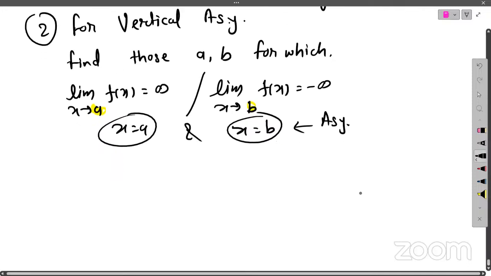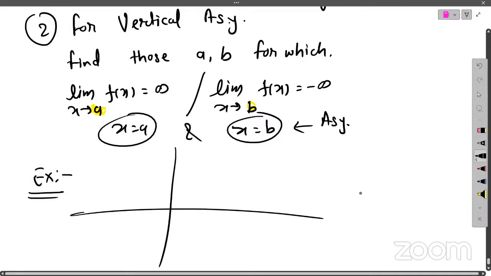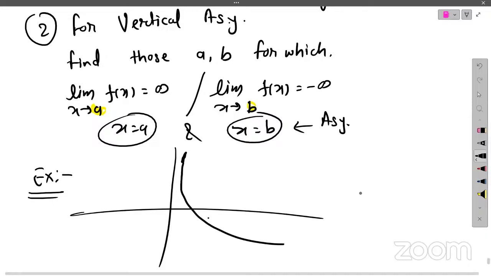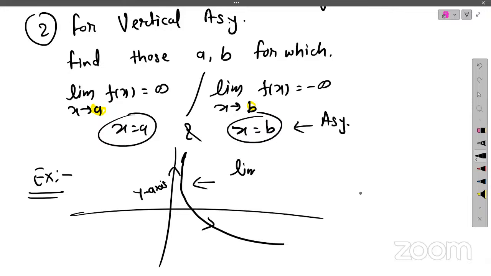For this scenario, we have a very particular example, which is log x. We know the graph of log of x, when the base is between 0 and 1, looks something like this. Here you observe that the y-axis works as an asymptote, because if you compute the limit as x goes to 0 of log of x, this limit is nothing but plus infinity.